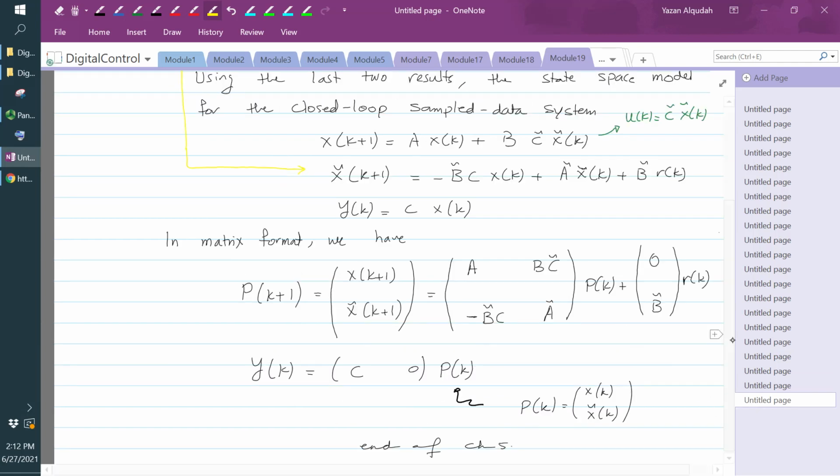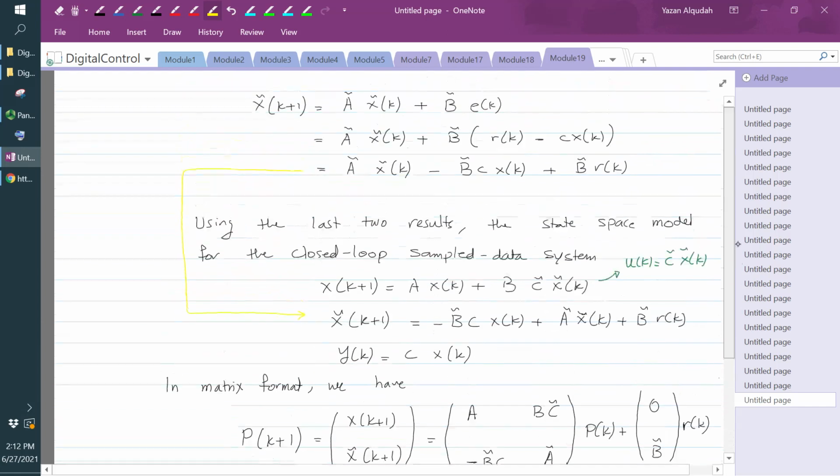Okay, so if I look here, I can write x tilde of k plus 1 as equal to A tilde x tilde of k plus B tilde e of k. But e of k is equal to r of k minus C multiplied by x of k.